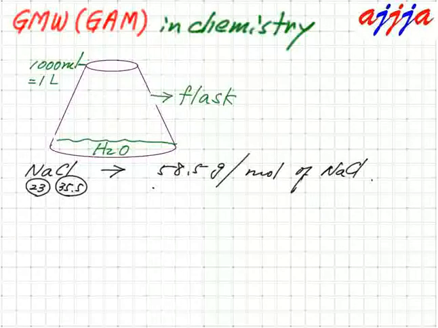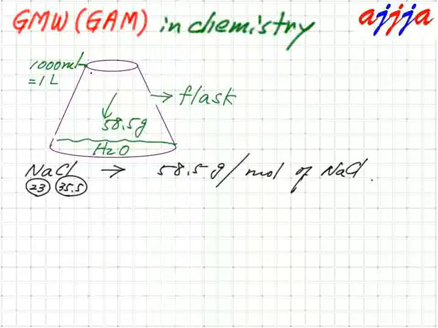You put some water right here, H2O. Then let's make sodium chloride water, which is salt water. We measure 58.5 grams. Then you throw that in, 58.5 grams of salt. Then you mix it.